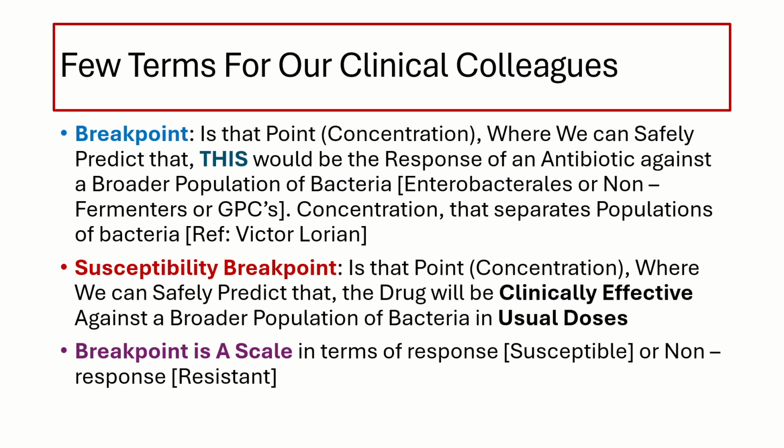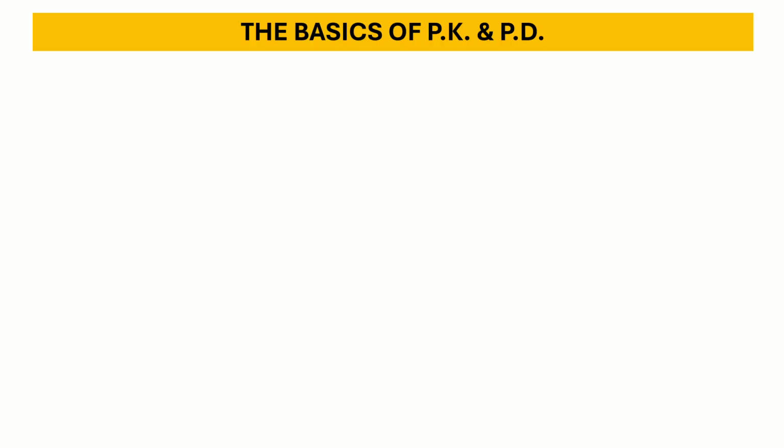The susceptibility breakpoint is the concentration where we can safely predict that the drug will be clinically effective against a broader population of bacteria in the usual doses. I've made these phrases bold: clinically effective in the usual doses. So what we use as a breakpoint is nothing but a scale of response: if it is responding, it is susceptible; if it is not responding, then it is resistant.